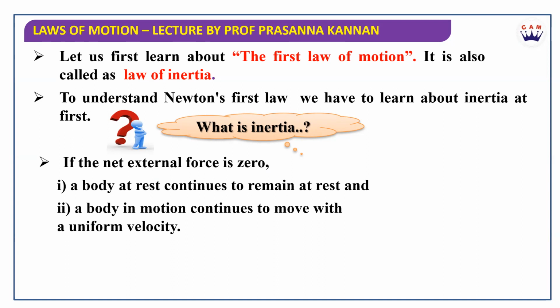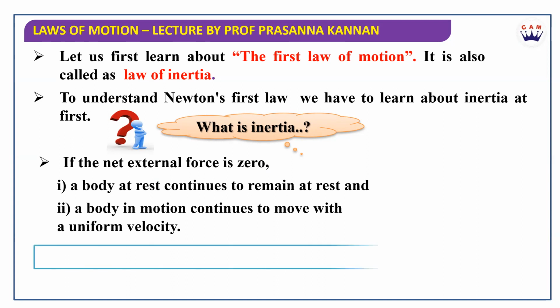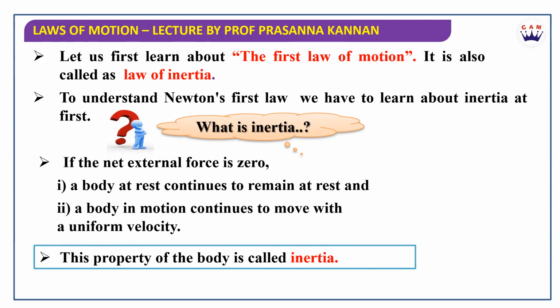Because the external force is zero. This property of the body is called what? When net external force is zero, the tendency of the body to remain at rest if it was originally at rest, or if it was initially traveling with a particular velocity, to remain in that velocity, this tendency of the body is called what? Inertia. Yeah? Any doubts?